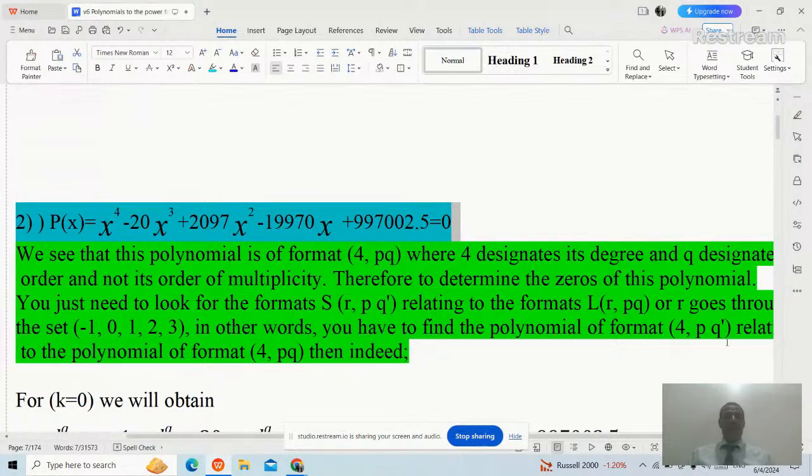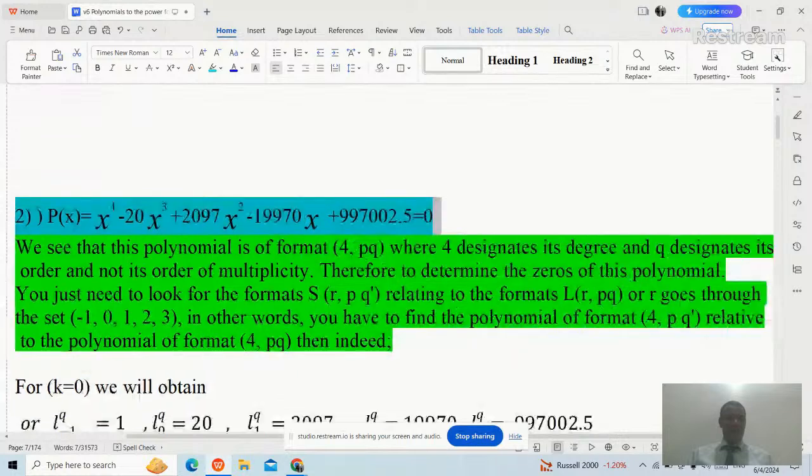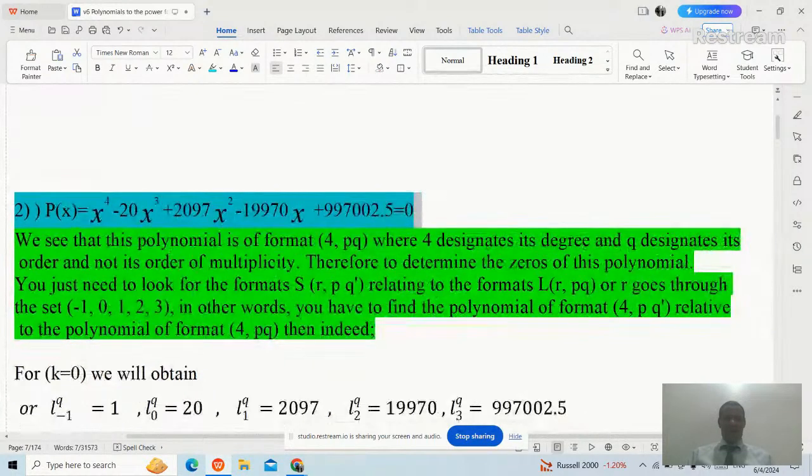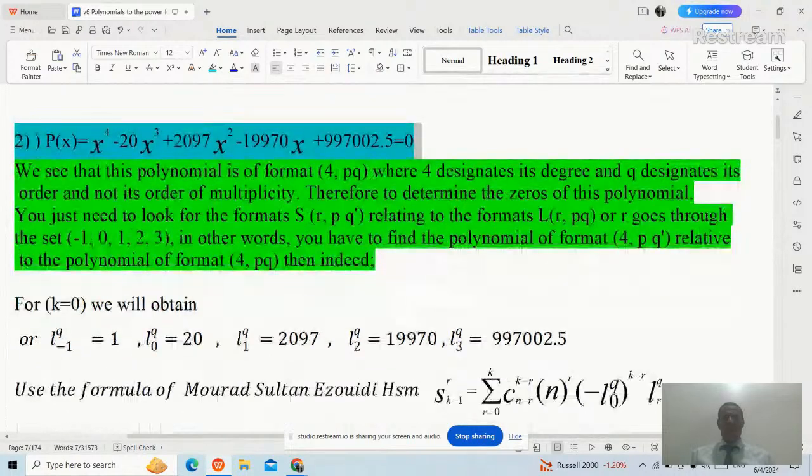This is a new polynomial you will get after using the discriminant formula of Mourad Sultan Ezouidi. I'll just reduce the size so that the page will be clear for you. Okay, learners, now we start.